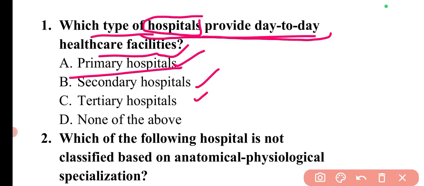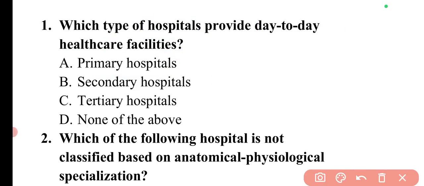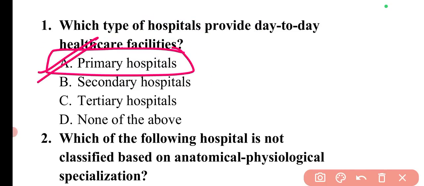So these are the services of day to day healthcare facilities. So here option A will be the correct answer. Then if I talk about the secondary hospitals, so secondary hospitals are a type of hospital providers. In this type of hospital providers, the first level of recommendation services.